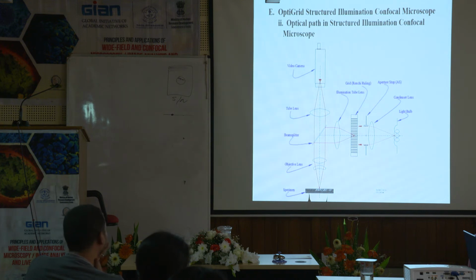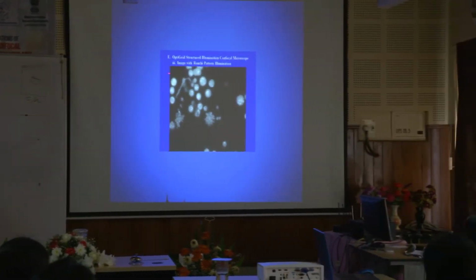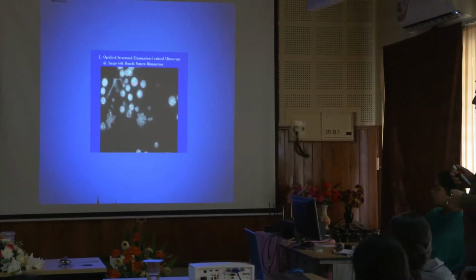So the heart of this thing is called a grid. It's going to send light through this grid, and they call this structured illumination. So what you'll actually get is you'll see the lines of the grid in the picture.